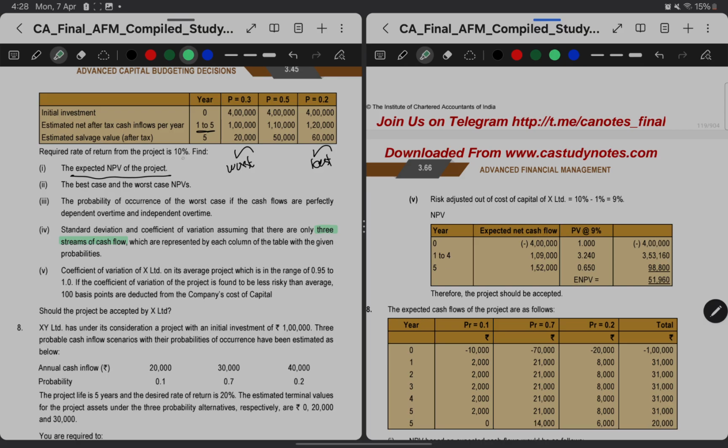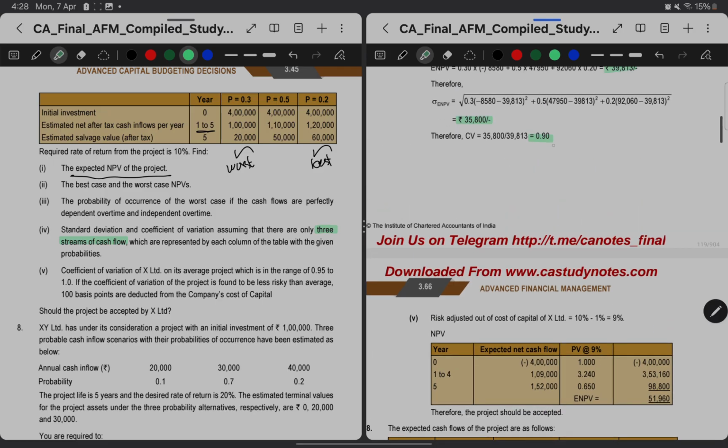The current cost of capital is 10%. Whatever we got, which is 0.9, if it is less than 0.95 to 1, then we have to reduce 100 basis points. 100 basis points is equal to 1%, and 1000 basis points will be 100%.